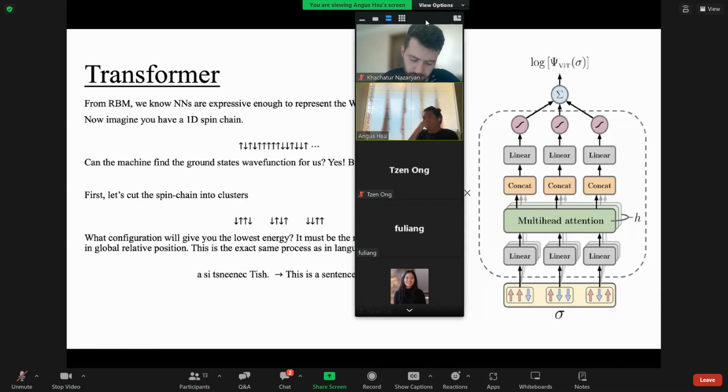In what they do, your QKV values never scale up with system size, but your number of heads does.